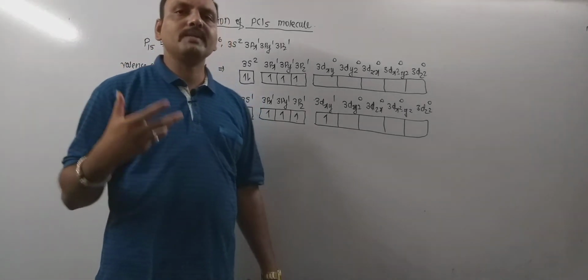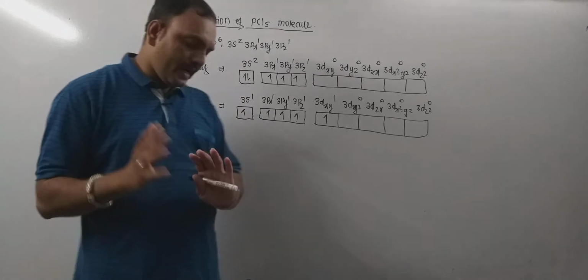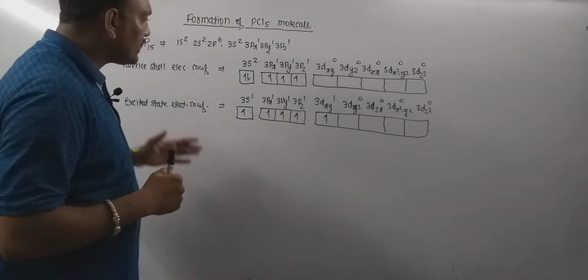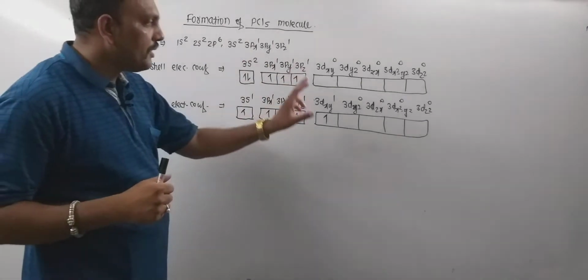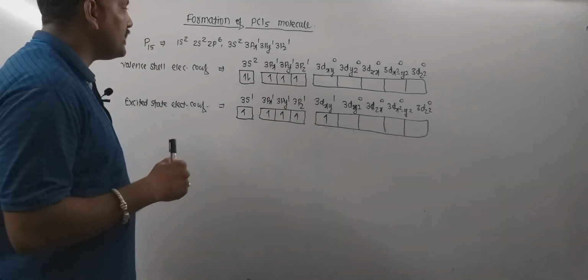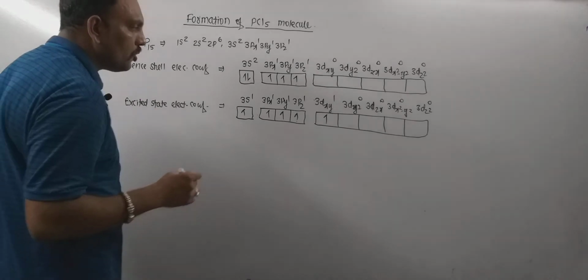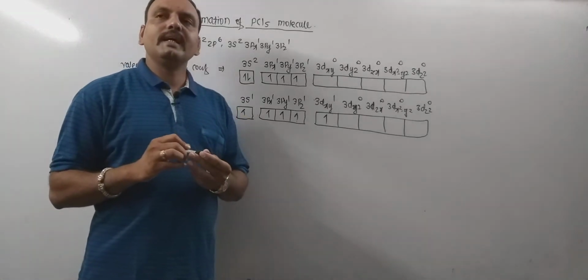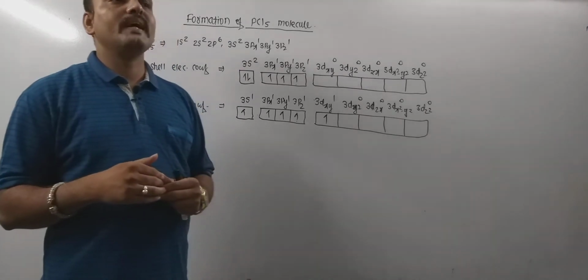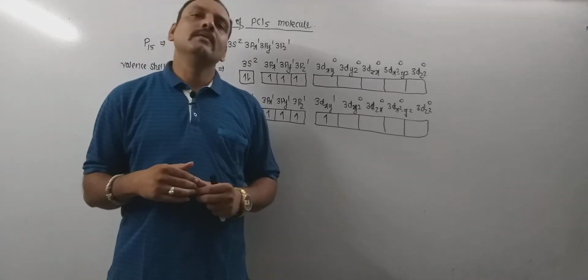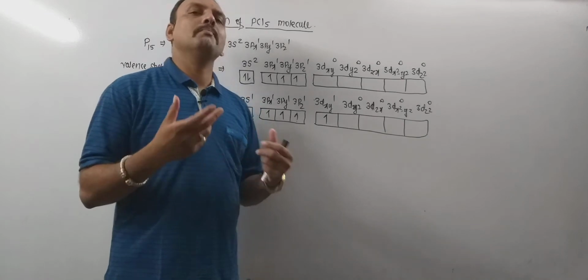Now during the formation of PCl5, that is phosphorus pentachloride, what happens? The central atom phosphorus undergoes sp3d hybridization by mixing one s, three p and one d orbital of the valence shell of phosphorus. We know very well that the number of hybrid orbitals formed during the process of hybridization is just equal to the total number of atomic orbitals mixed.